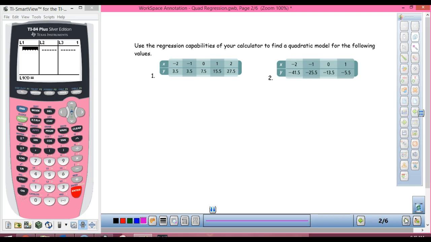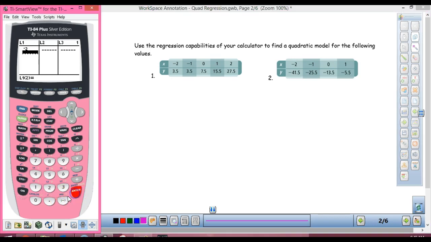All right, so now you should have hit stat and then enter so that you've got your lists L1 and L2 up right now, right? Okay, our x's are going to go in L1. So I'm going to go -2, enter, -1, enter, 0, 1, 2.